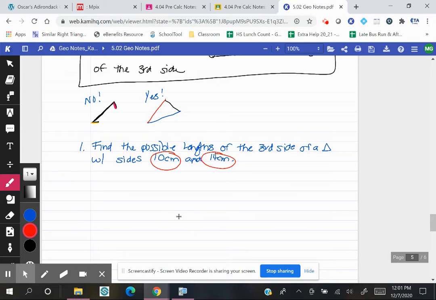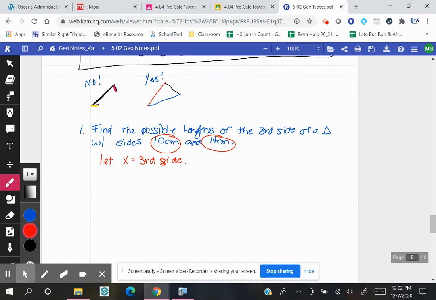The sum of any two sides must be greater than the third. So let's let x equal our third side. 10 plus 14, those two sides, must be greater than our third side, which is x.